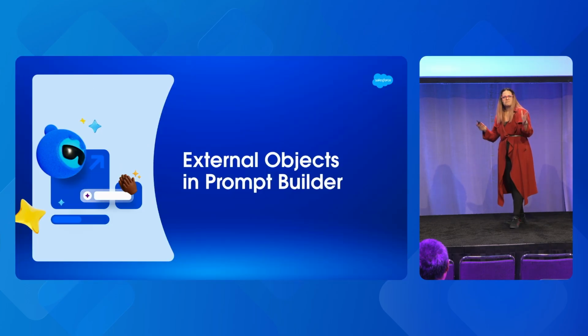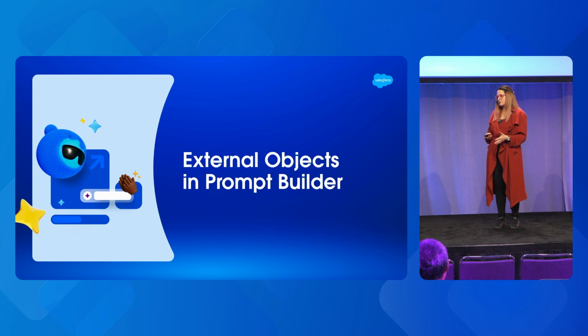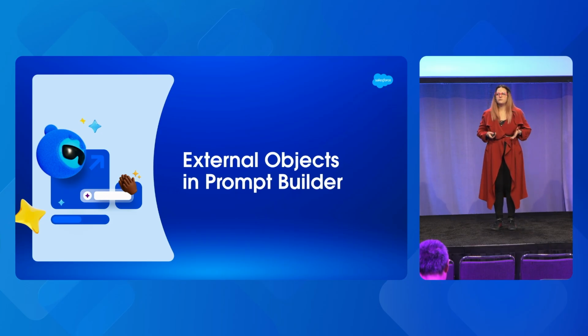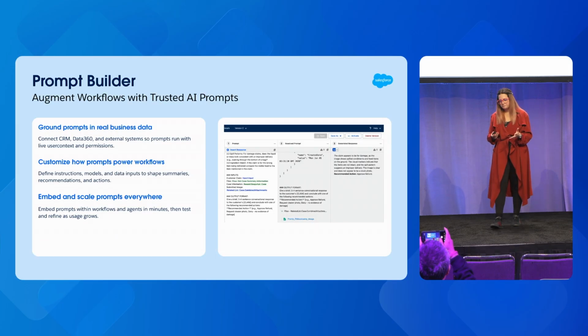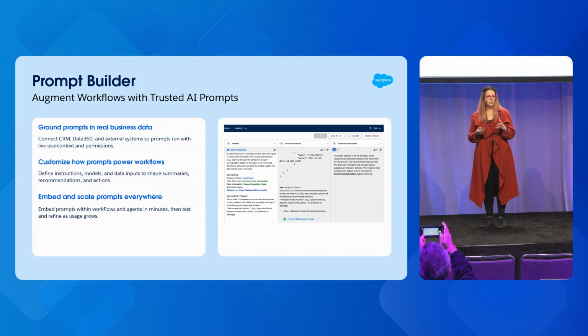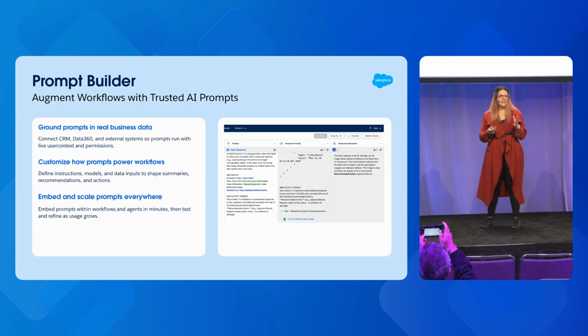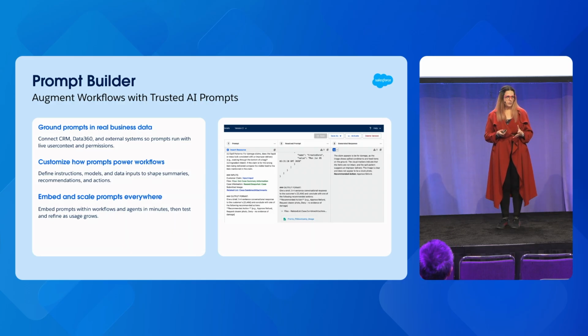So step one was to get the external data into Salesforce. We did that. Now, step two is Prompt Builder, or how we can use this external data and feed it into Agentforce. With Prompt Builder, we make AI more reliable.